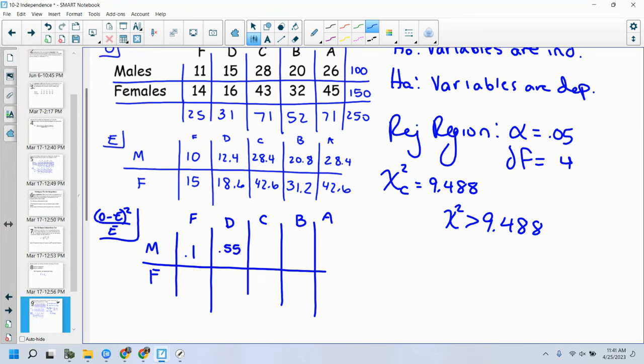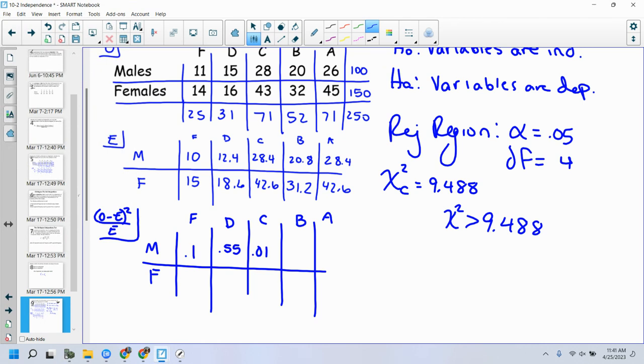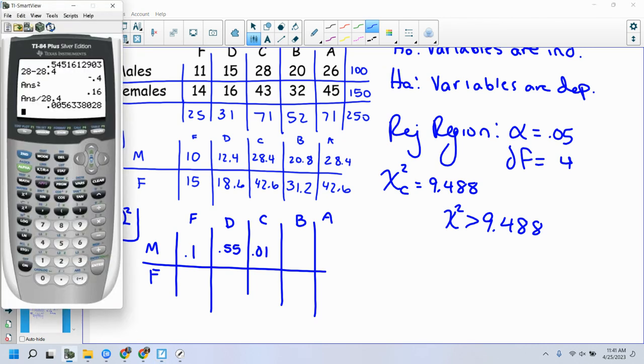Okay, let's look at male C. 28 minus 28.4 squared divided by 28.4. 0.01. Almost negligible. We want these values to be small if, well, it depends on my angle, whether it's independent or dependent.